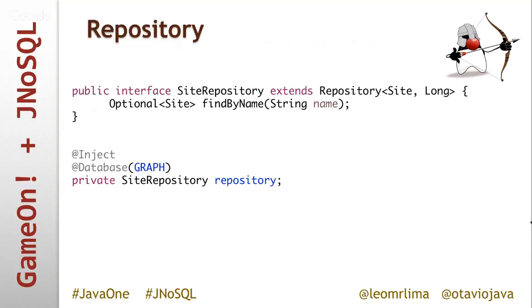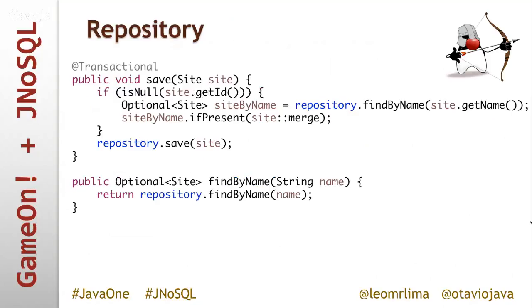You just say @Inject, @Database graph, and then it's a graph database. It's going to be added there. You don't have to worry about any of the internals. The API will do it for you. And for example, I see this being done in DeltaSpike as well, which is a really good database interaction API for SQL databases. So it's really good inspiration for us.